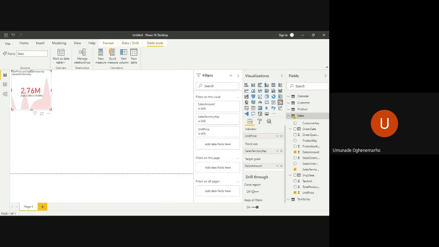And which other visual haven't we gone through? The next visual we're going through is maps. So maps simply use Bing, which is Microsoft's own search engine.